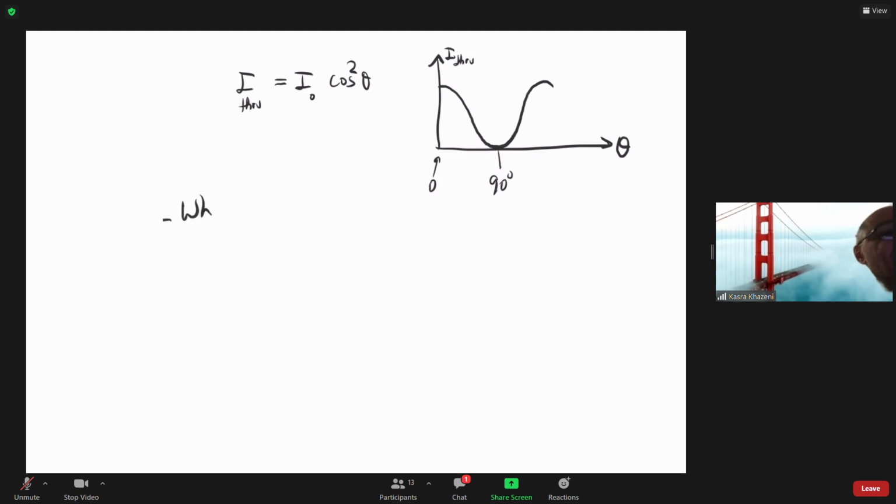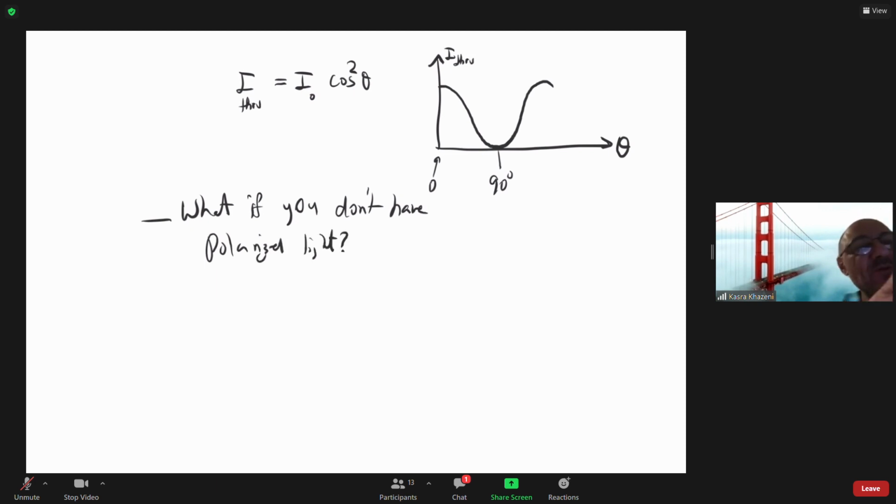What if you don't have polarized light? So this time, the electric field is all over the place, not polarized at all.